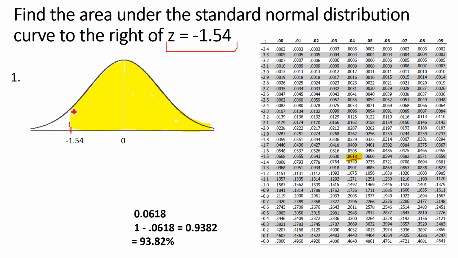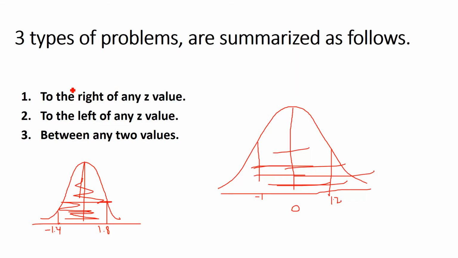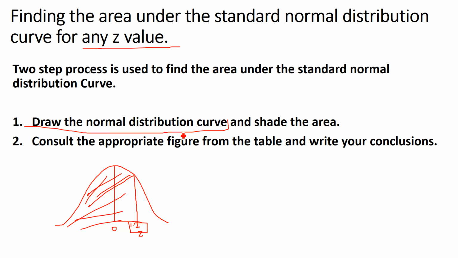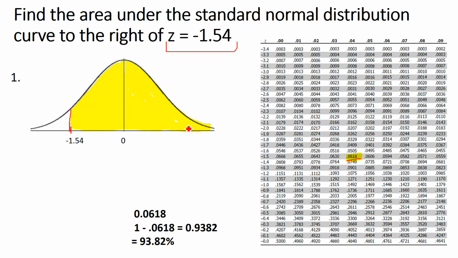Make a line here. First you have to draw the normal distribution and then shade the area. You have to find the area to the right of z, so shade all of this, because this area is required.